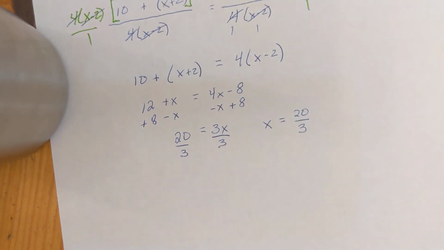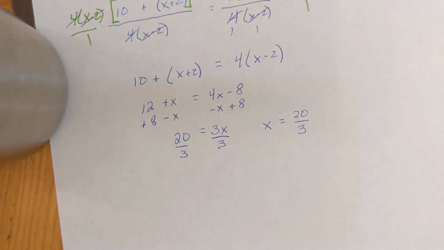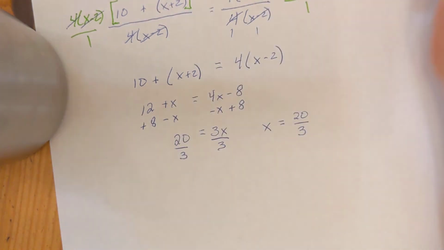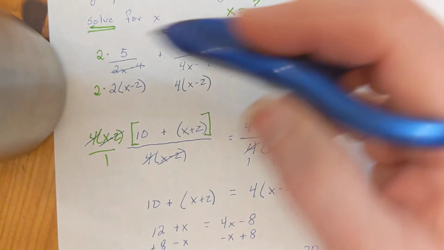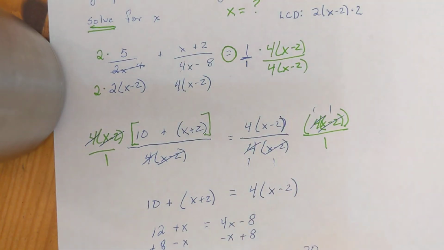There's one last thing I have to do when I'm multiplying by variables on each side of the equation. If I have a variable in the denominator, and I do way up here in my original equation, I have to make sure I haven't multiplied by something that makes me divide by 0.